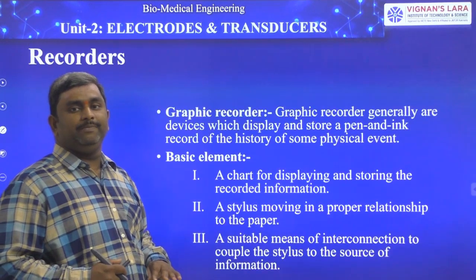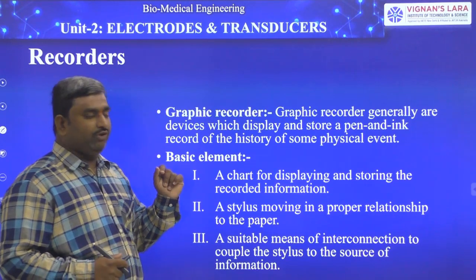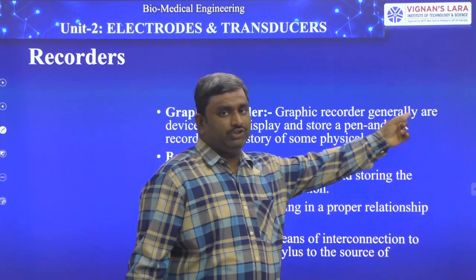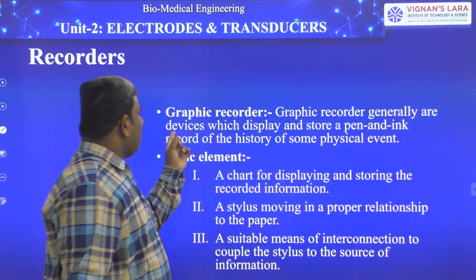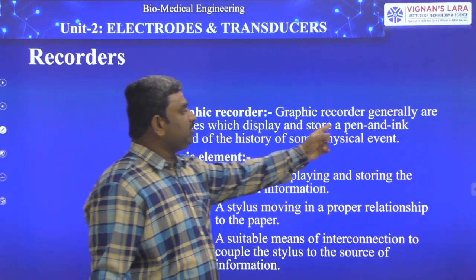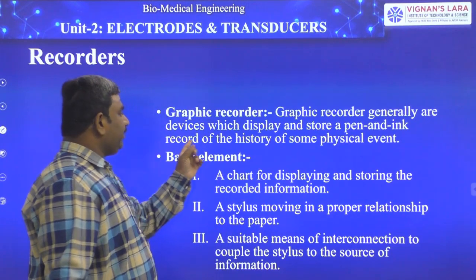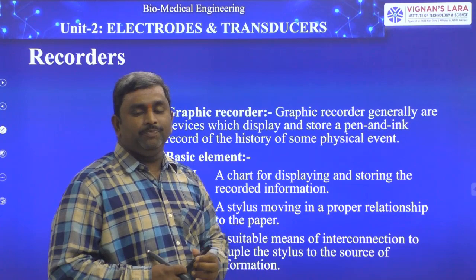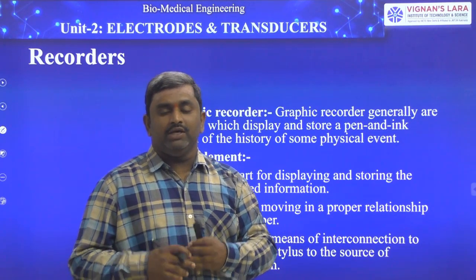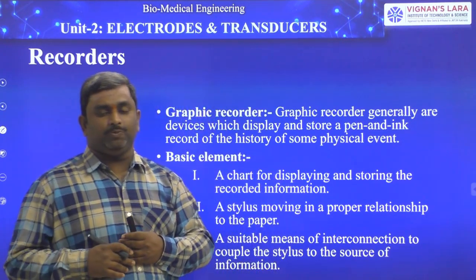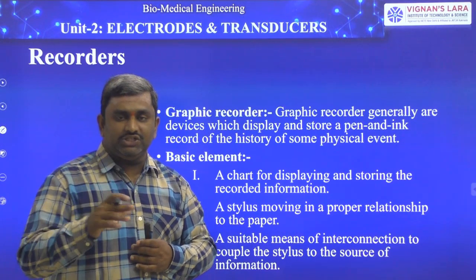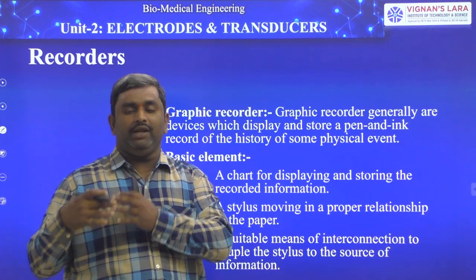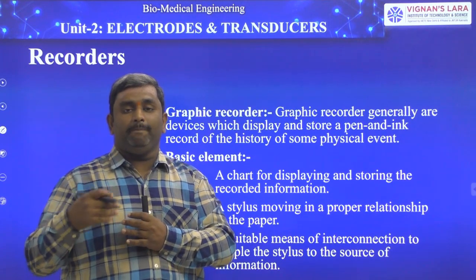First, see the basic behavior of the graphic recorder. Graphic recorders are generally devices which display and store a pen and ink record of the history of some physical events. For example, in a graphic recorder, some information is available at the input side, and the recorder has one pen with an ink bottle.